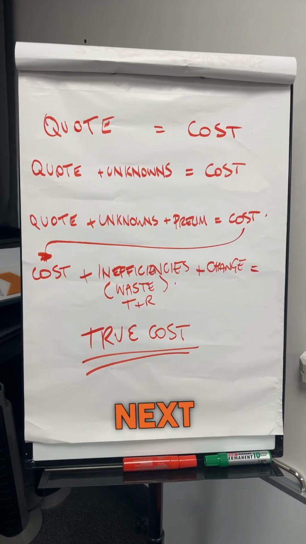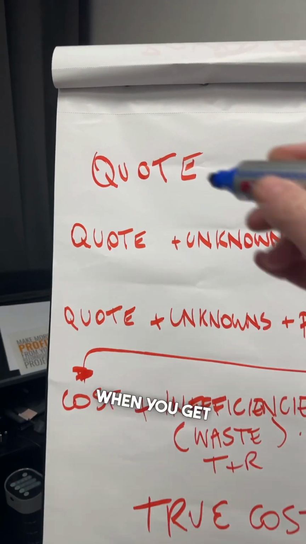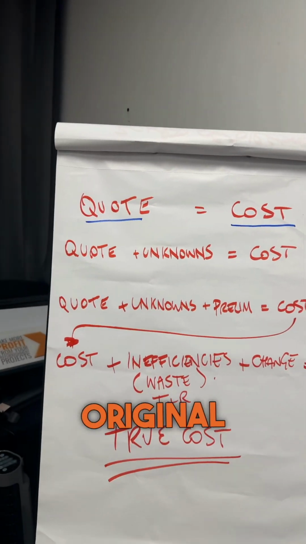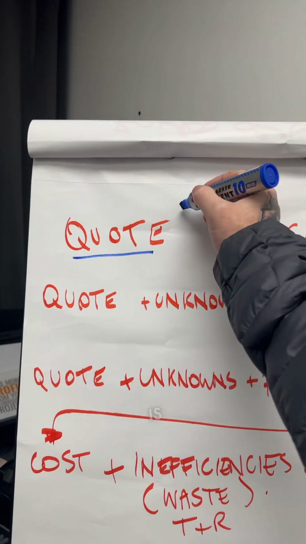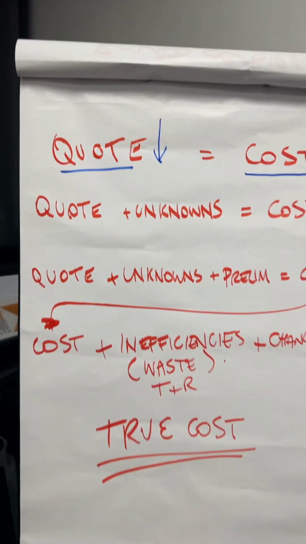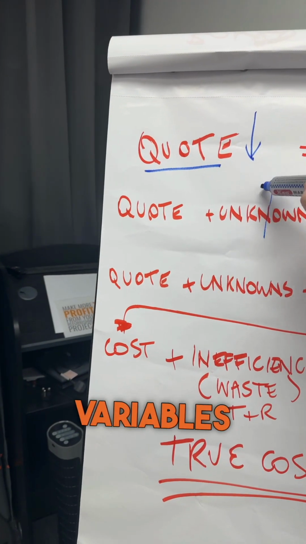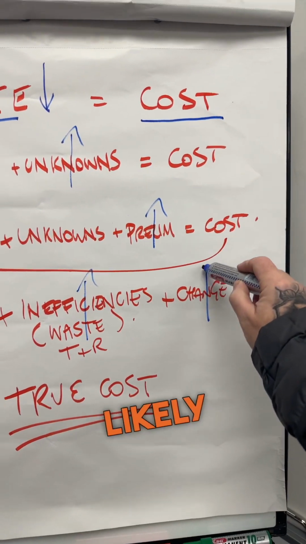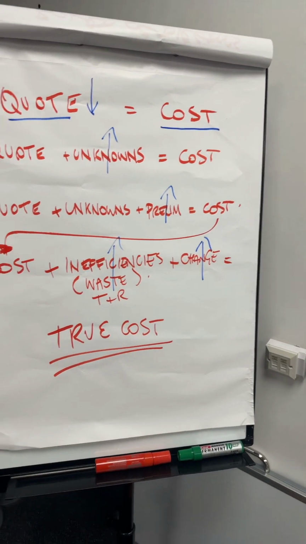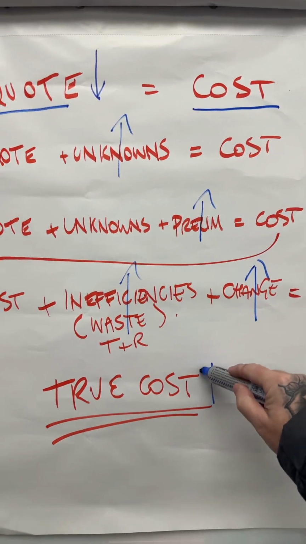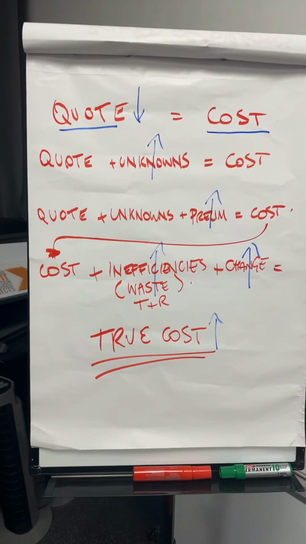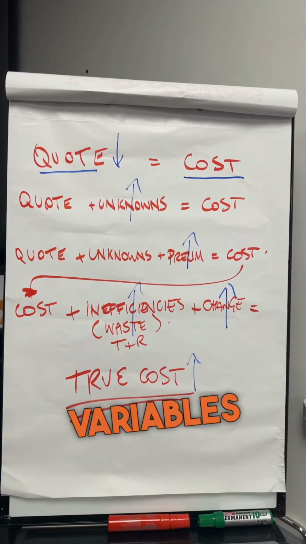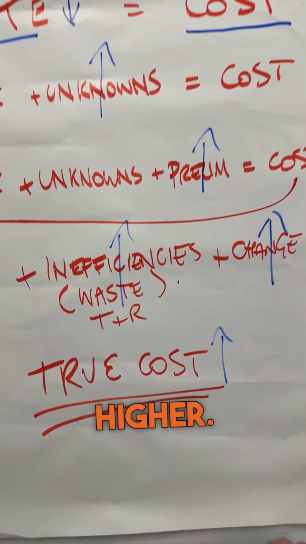Now, here's the next thing to be aware of. When you get your original quote that you expected to become your original cost, when the quote is low, it means that all the other variables are likely to be high. Okay? When the original quote is low, it means that all the other unknown variables right now are going to be higher.